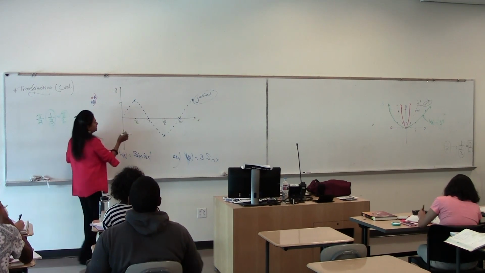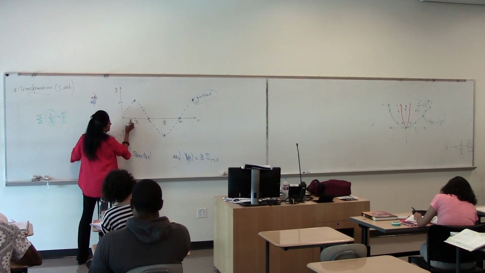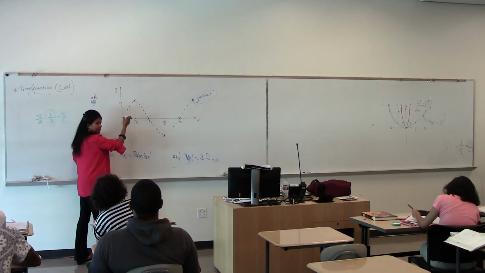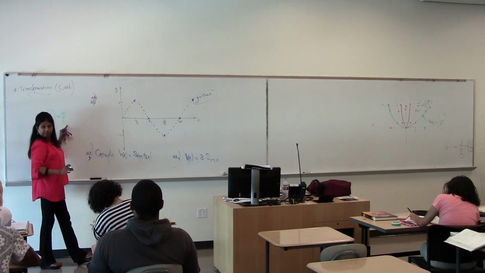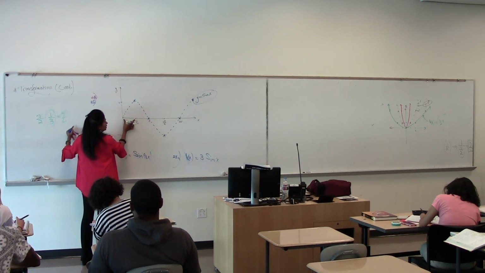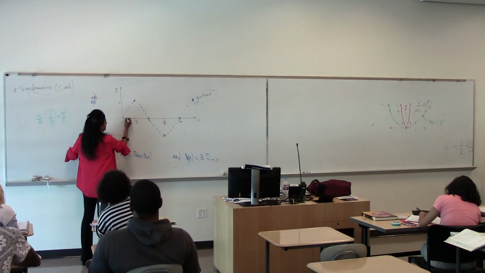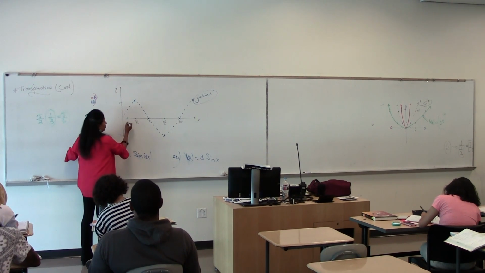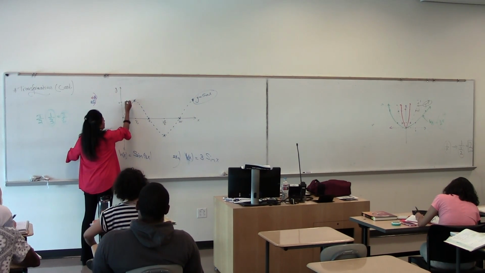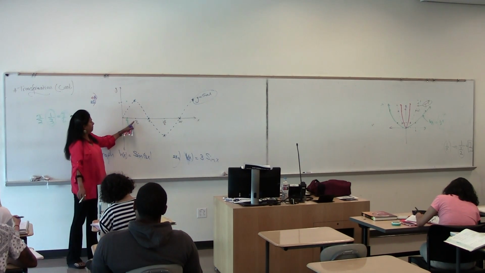So pi over 6: this is pi, you divide pi into 6 parts and take one of them. Each half needs to be divided into 3 parts, 3 parts here, 3 parts here. This is pi over 6, and the same y coordinate. Good? What's the next one?